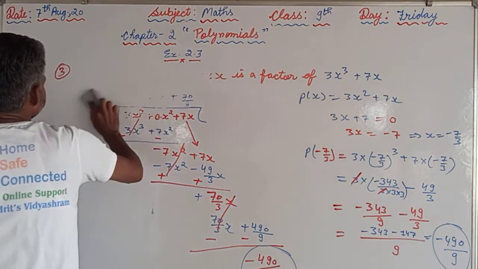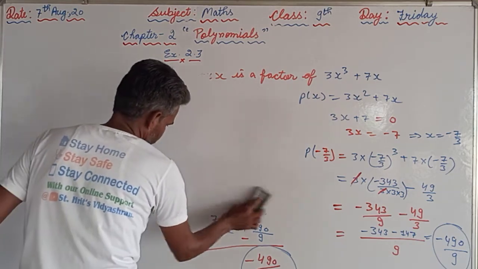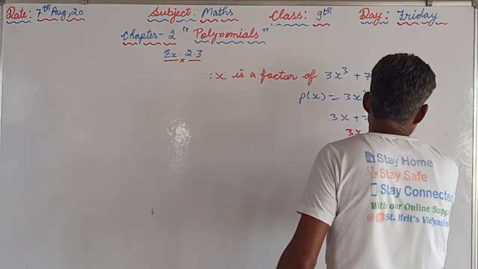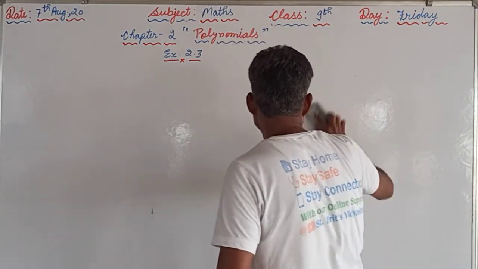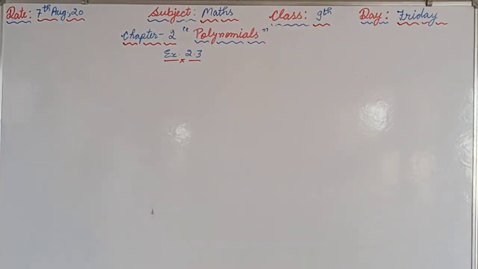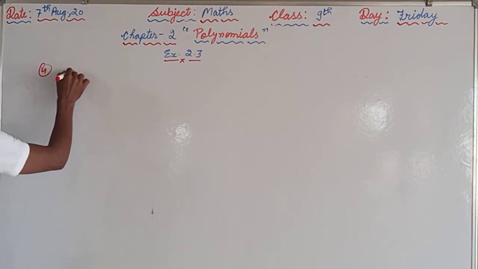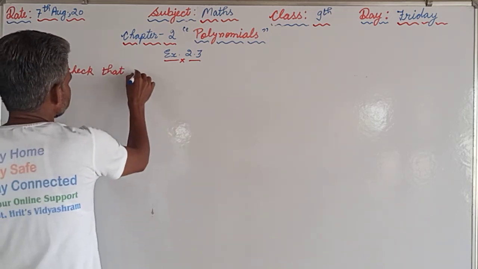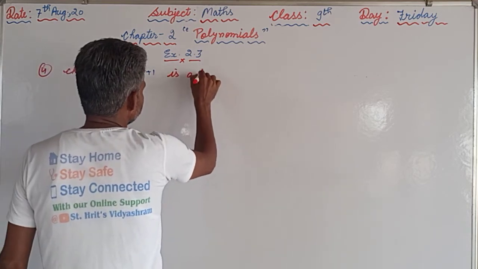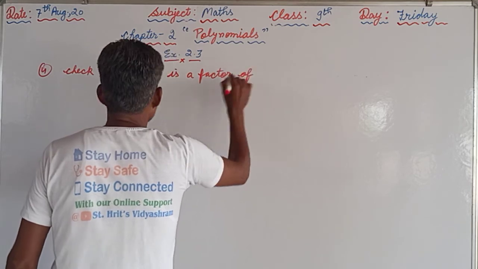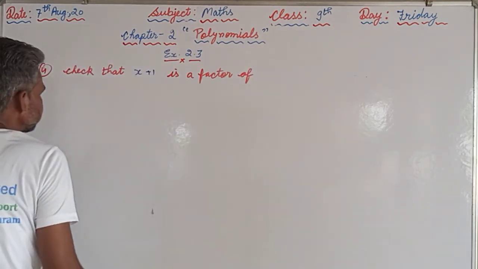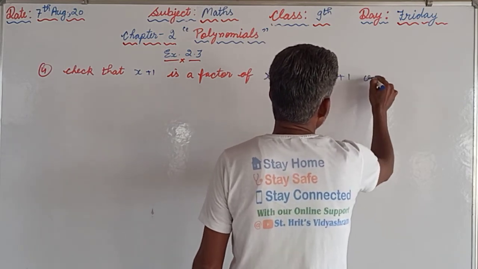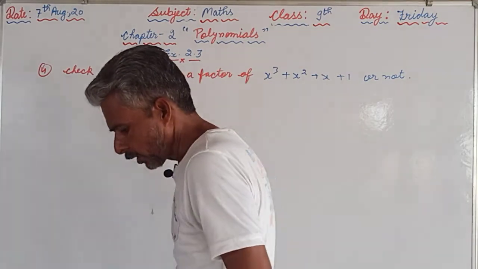So in question number 4 part first, check whether x plus 1 is a factor of x cube plus x square plus x plus 1 or not, using the remainder theorem.